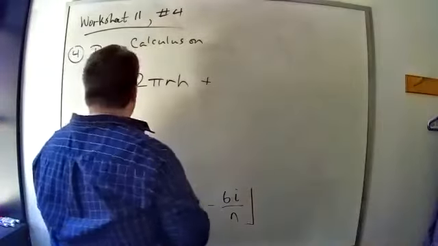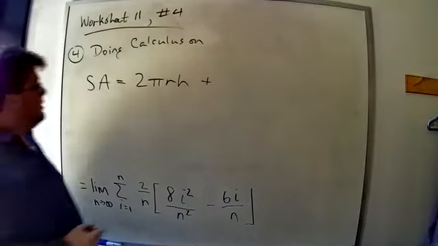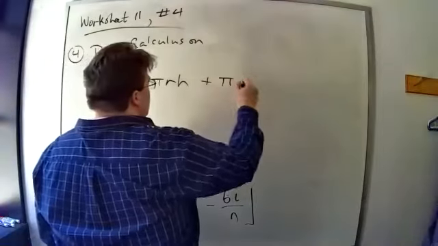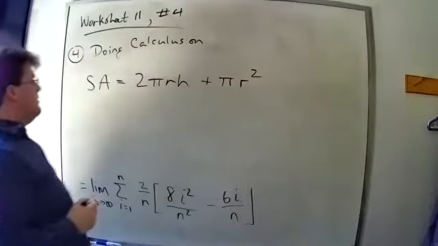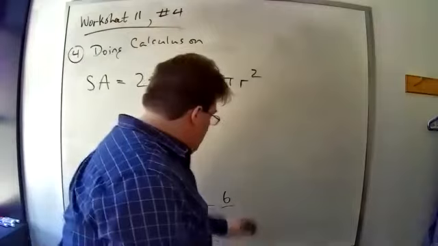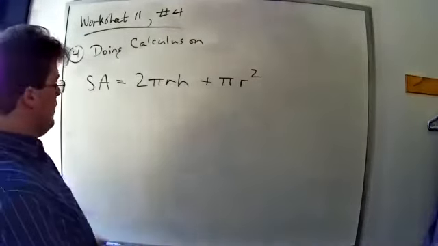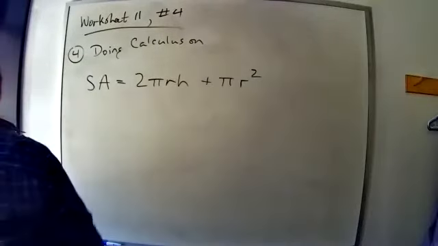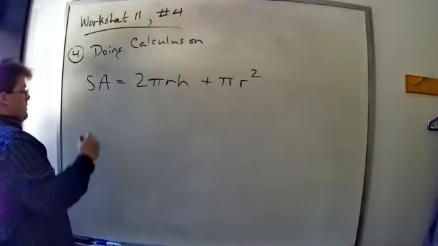But the area of the top doesn't matter because it says that the can has no top. So all we need is plus the area of the bottom. A function with 2 variables r and h, but we're also given some information that the volume is 8.